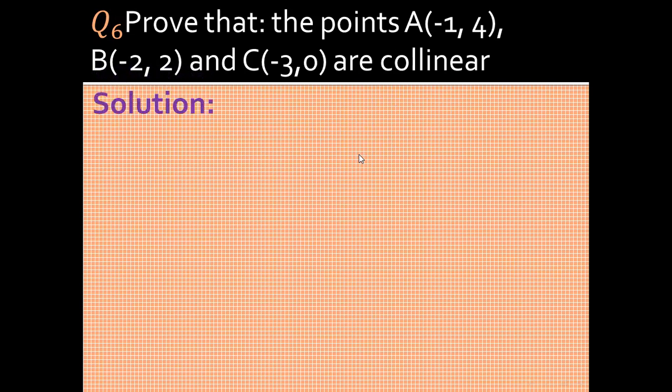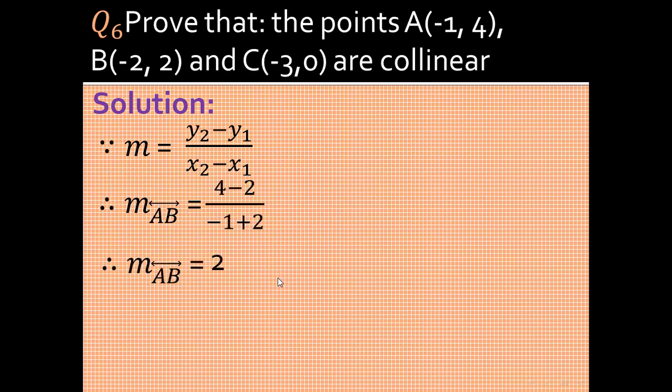What should I do? We need to prove that the slope of AB equals the slope of BC. Slope 1 equals slope 2. Because if the slope of AB equals the slope of BC, that means the three points are on the same straight line.